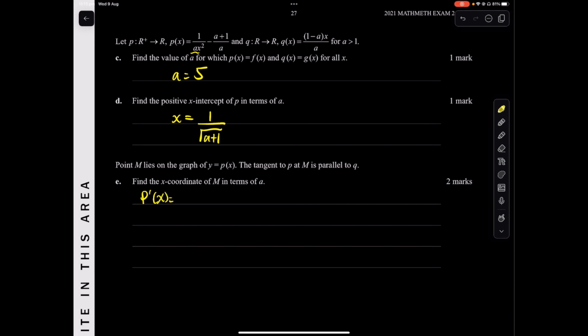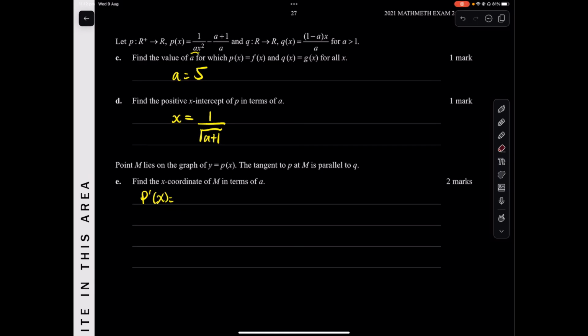Wait, point M lies on the graph of this. The tangent to P at M is parallel to Q. Find x coordinate of this. So, what do we know? So what's P dash of x?